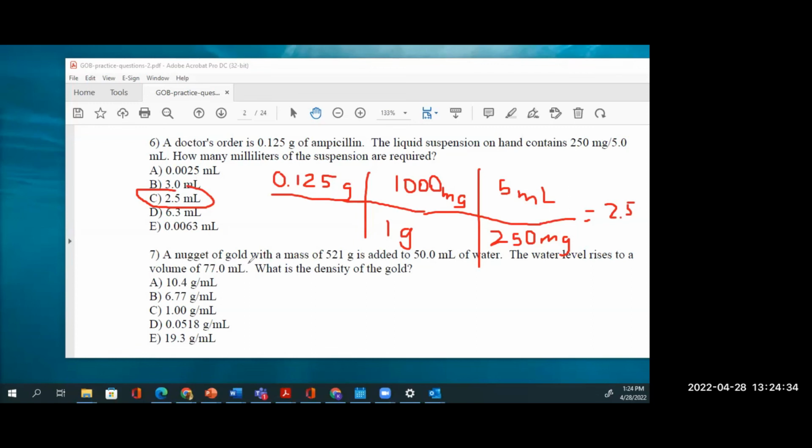Okay, so a nugget of gold with a mass of 521 grams is added to 50 mils of water. The water level rises to 77.0 milliliters. What is the density of the gold?